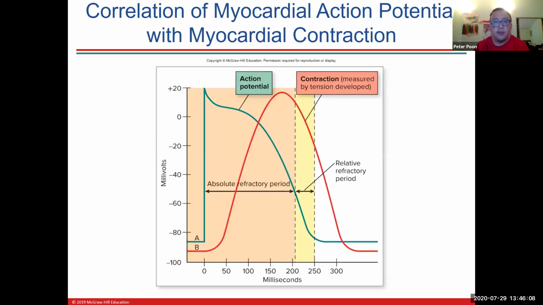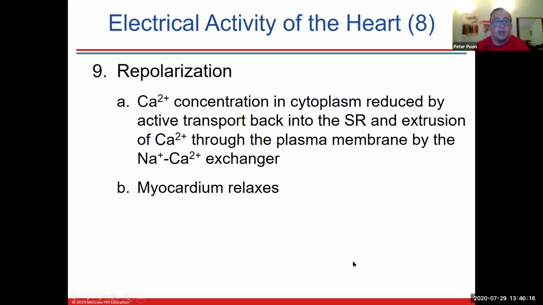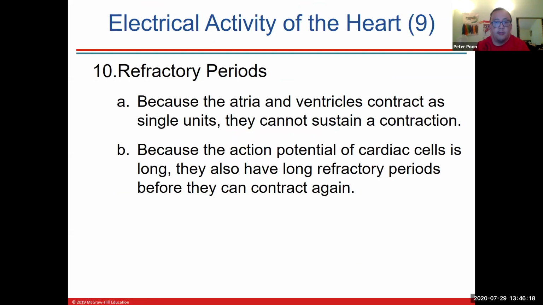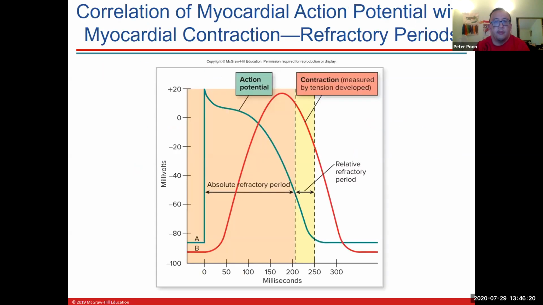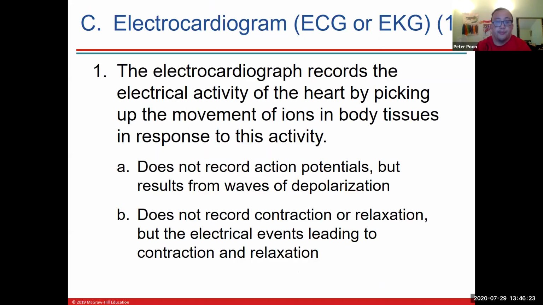Calcium release, etc. So there's an absolute refractory period before you can start off again. The electrocardiograph records the activity of the heart by picking up the movement of ions.